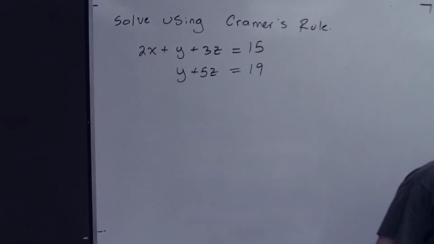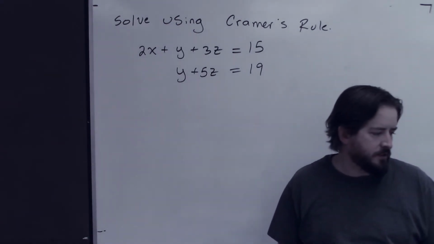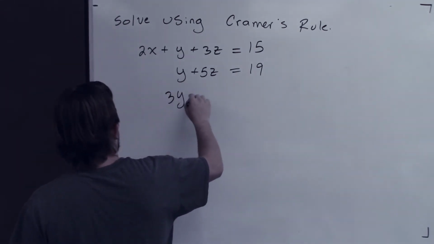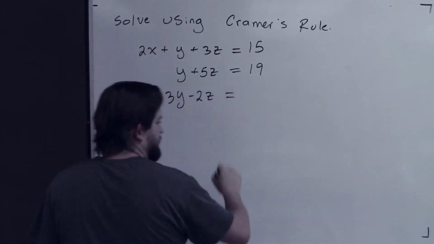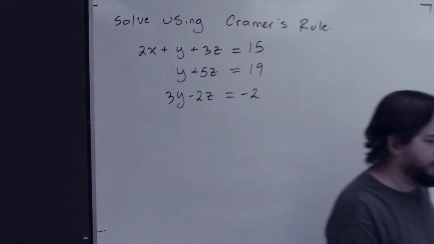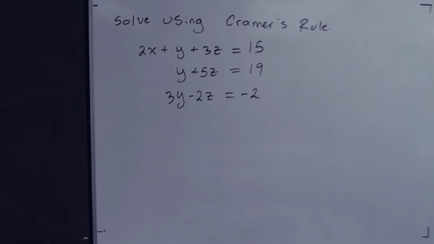This has to be written wrong. I have 3z minus 2z equals negative 2. It's probably 3y minus 2z equals negative 2. Let me maybe pull up the study guide here and see if I can find out where this came from.